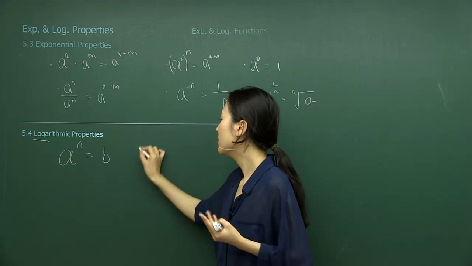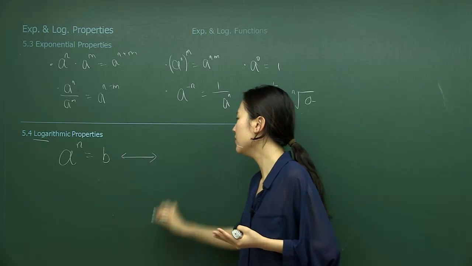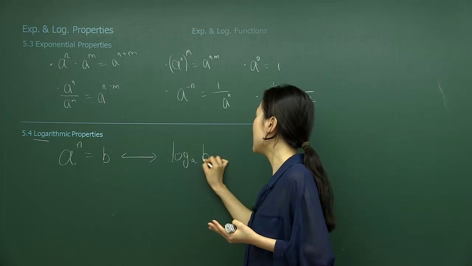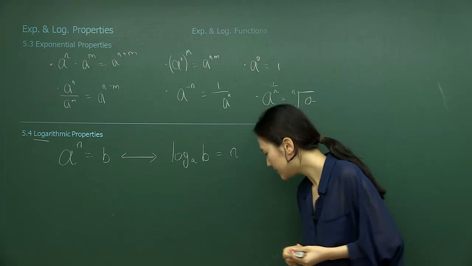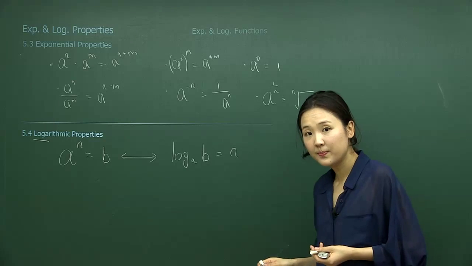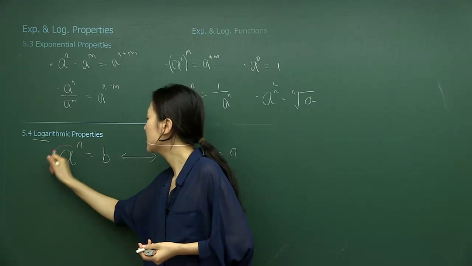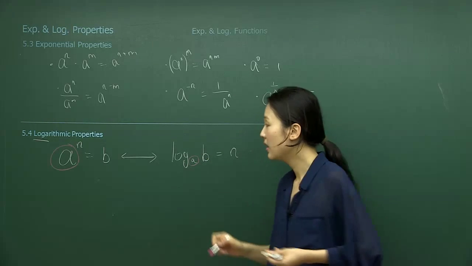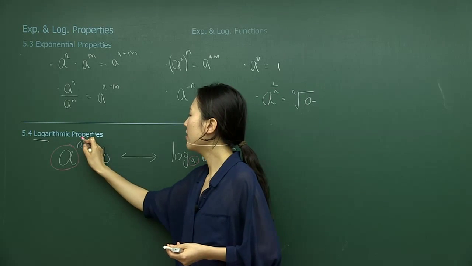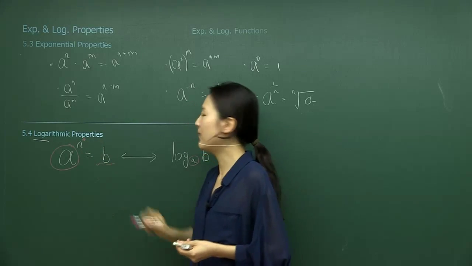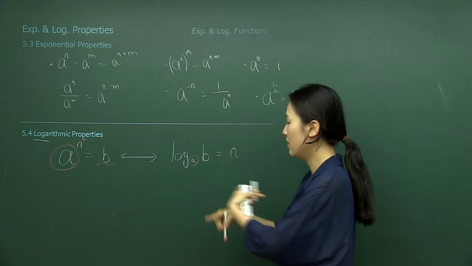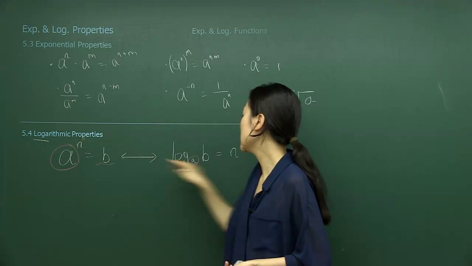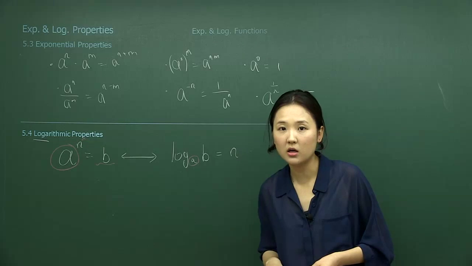I may convert this into log with base a, b equals n. You see what's going on? The base a goes as the base of the log, and the power exponent and the value swap around. You have to switch the positions, hence it becomes log.